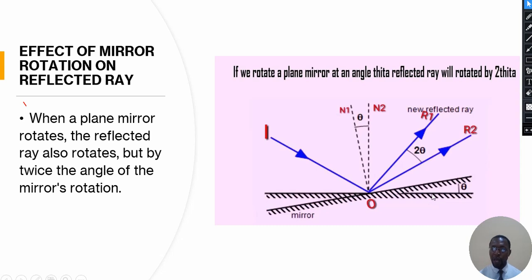In other words, if the mirror rotates at an angle of 10 degrees, then the rotation of the reflected ray will be at an angle of 10 times 2, which is 20. So what we are saying in essence is, when the mirror rotates, the reflected ray also rotates, but by twice the angle of the mirror rotation. This formula is very key in calculation questions in physics. So please, let's take note of that.